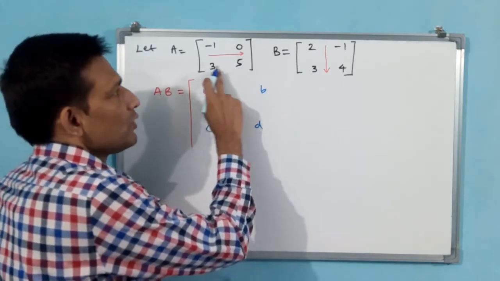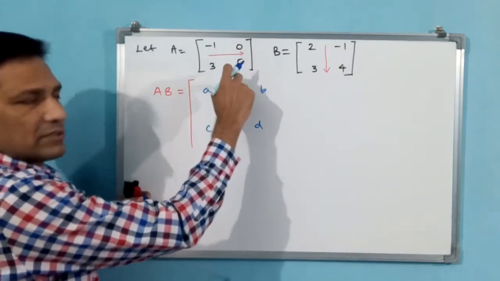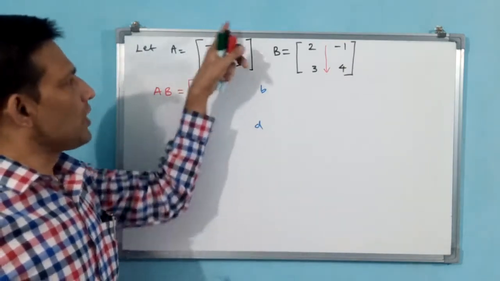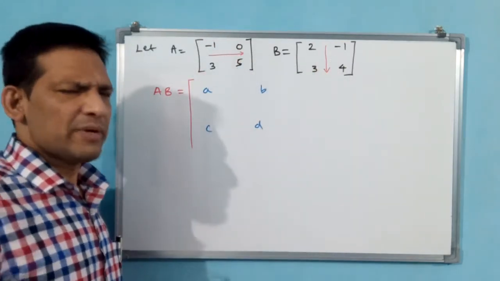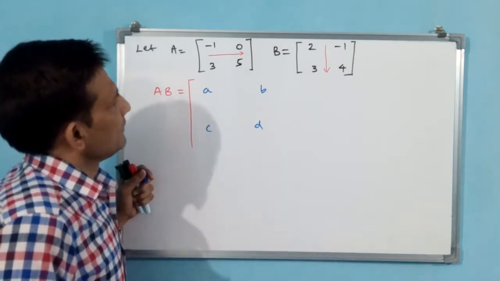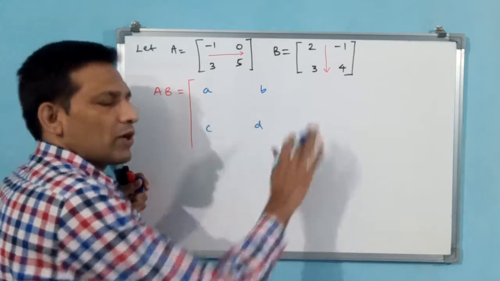Possible. Why? Because columns of the first matrix and rows of the second matrix should match. Two columns, two rows are there. Remaining elements you don't bother. Approximately you write like this. If more comes, then more.